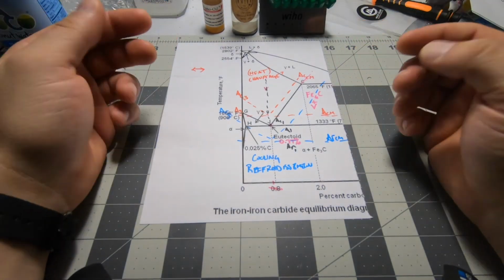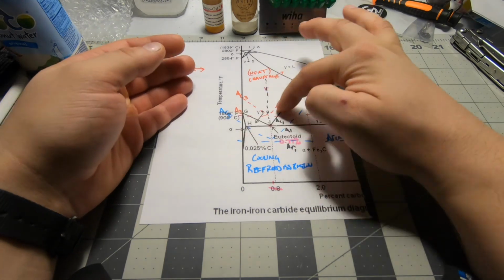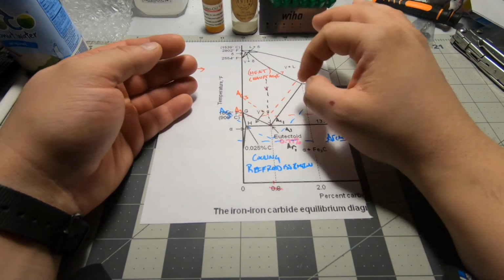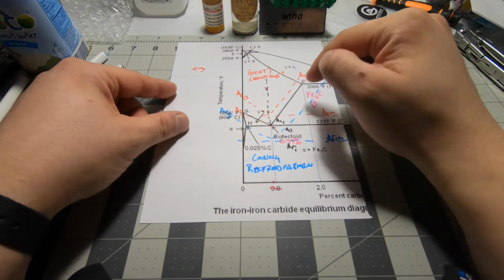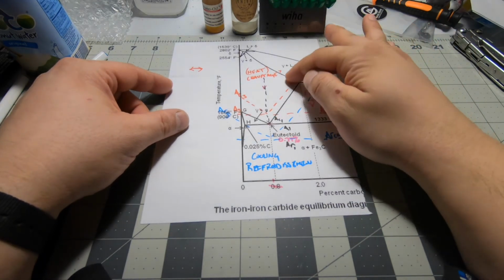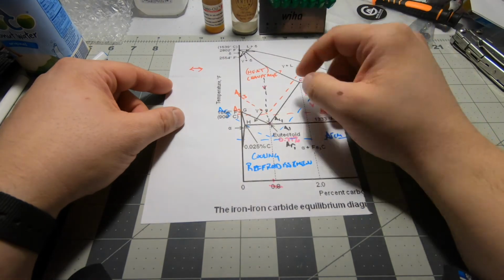Looks super confusing. It's really not. Just think of this as like your base. The main black line is your base, and then we're heating up. The greater the carbon, the higher we go in our heating. Same thing with here.